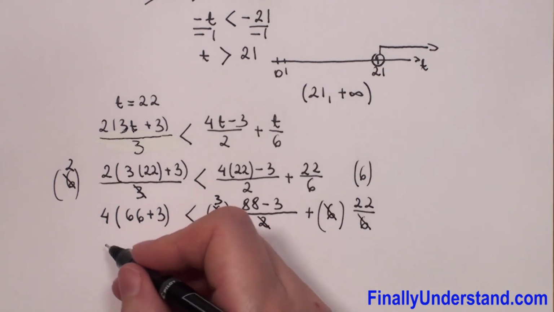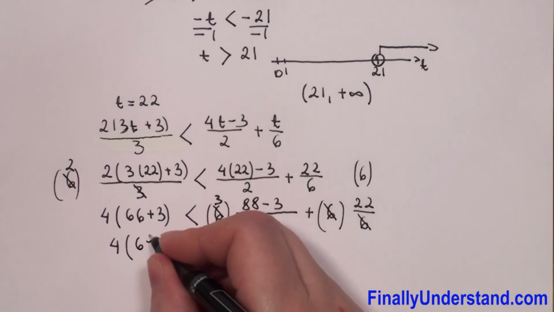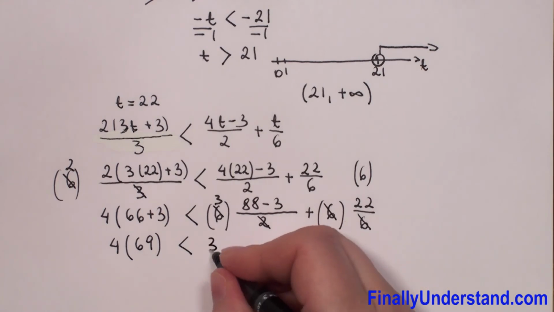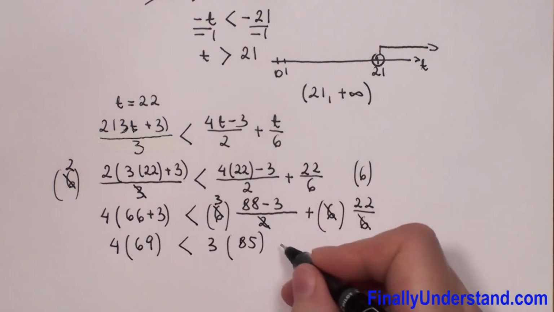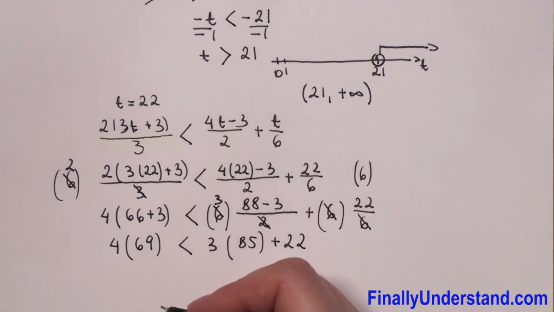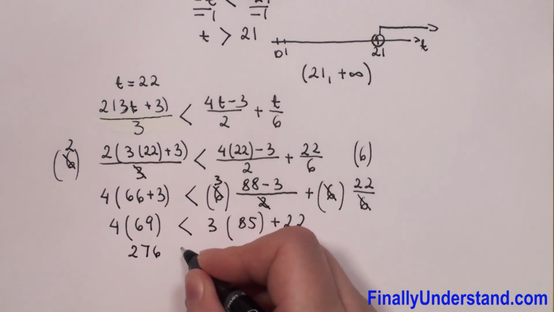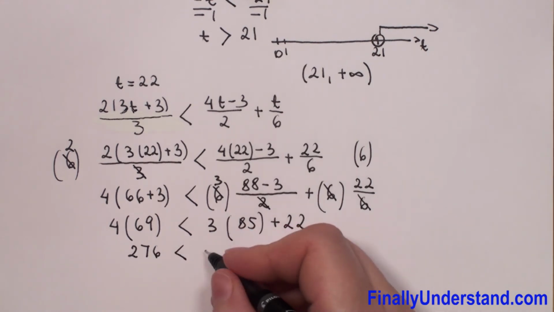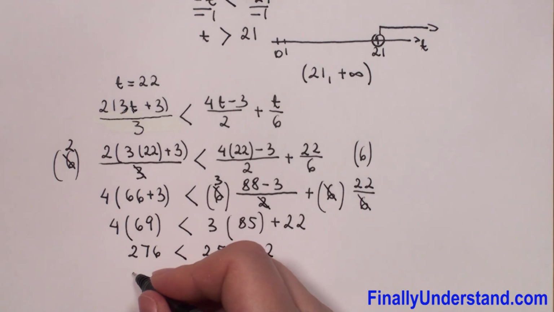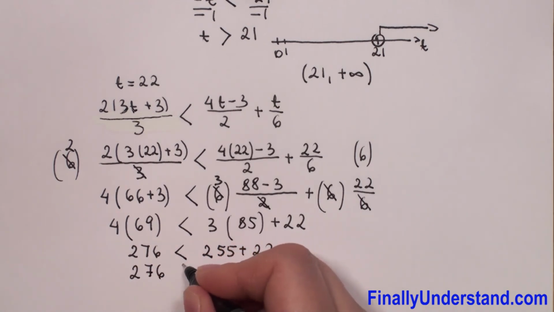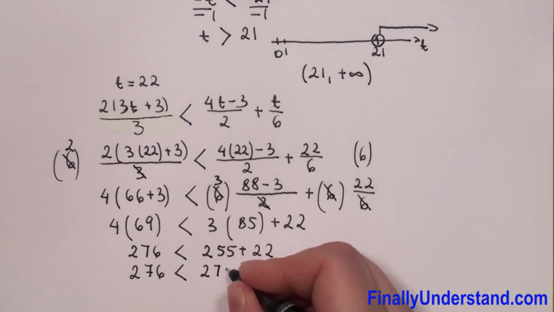So now I have 4 times (66 plus 3), which is 69, is less than 3 times (88 minus 3), which is 85, plus 22. 4 times 69 is 276 is less than 3 times 85, which is 255, plus 22. 276 is less than 255 plus 22, which will be 277.